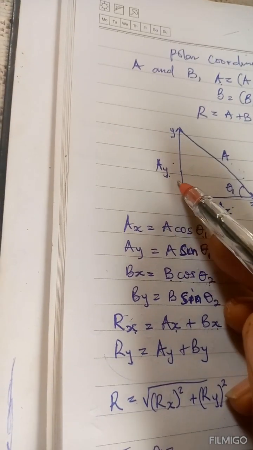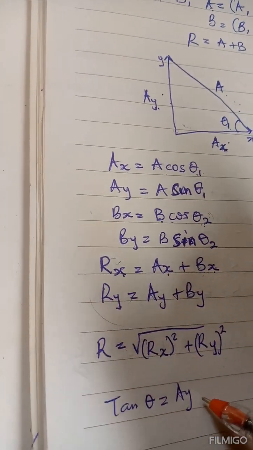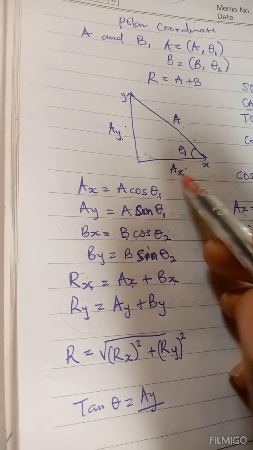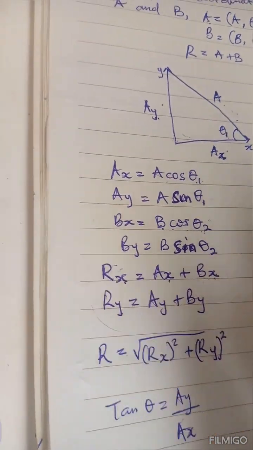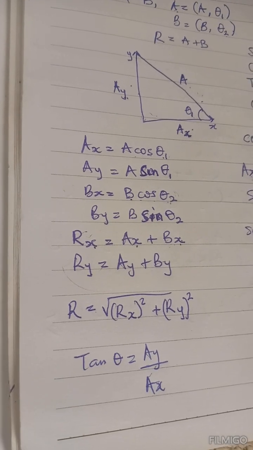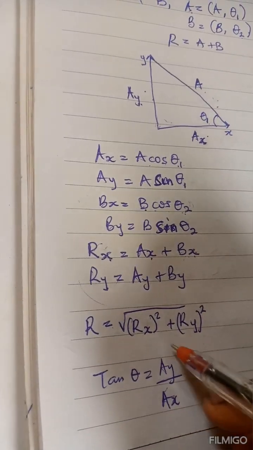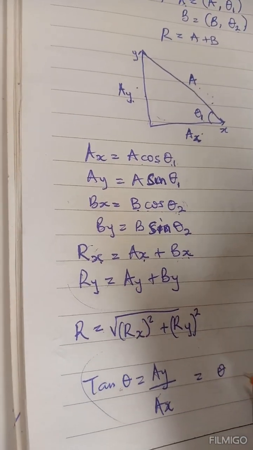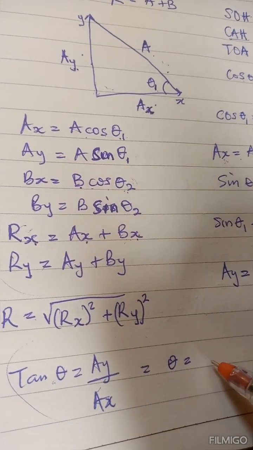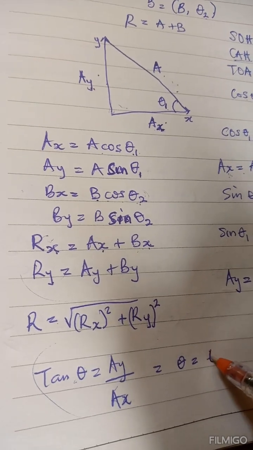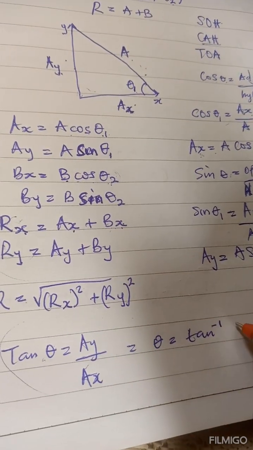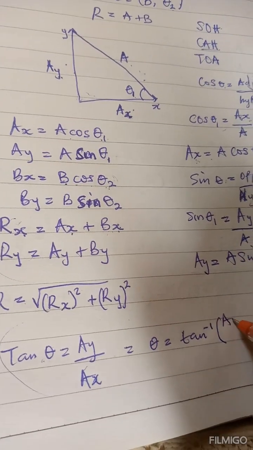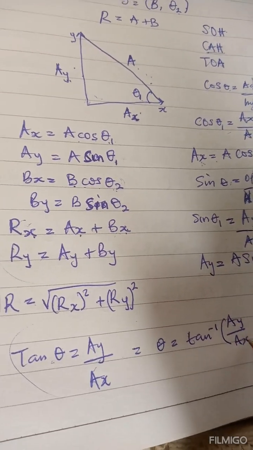My opposite is Ay, over adjacent, my adjacent is Ax. So now, to find theta, I'm going to say theta equals tan inverse of Ay over Ax.